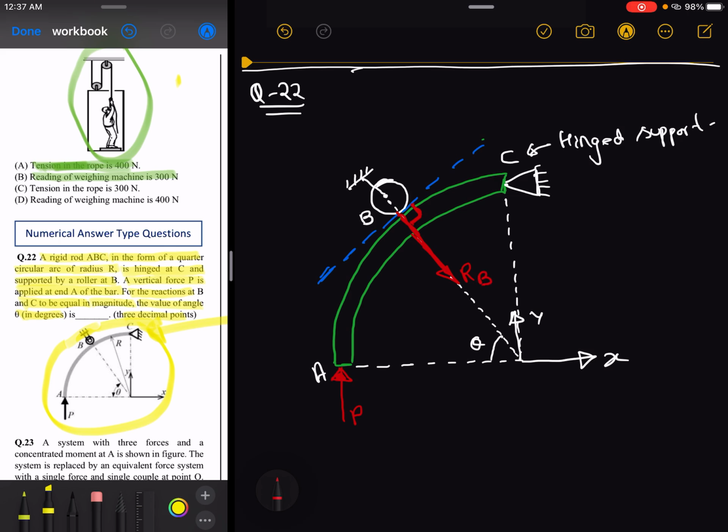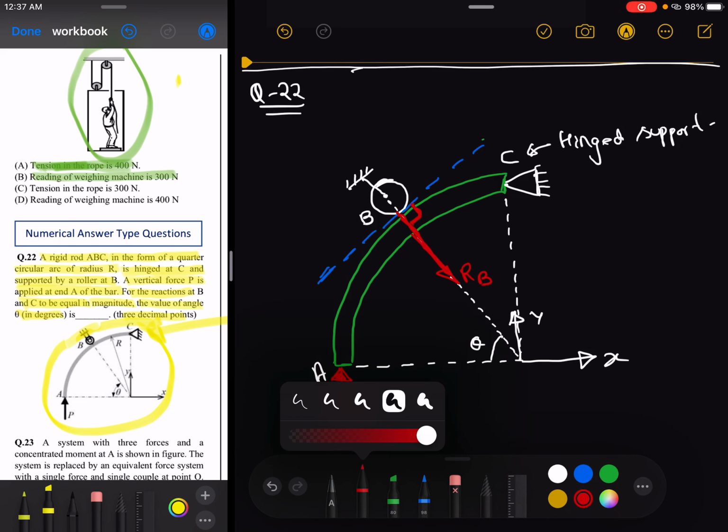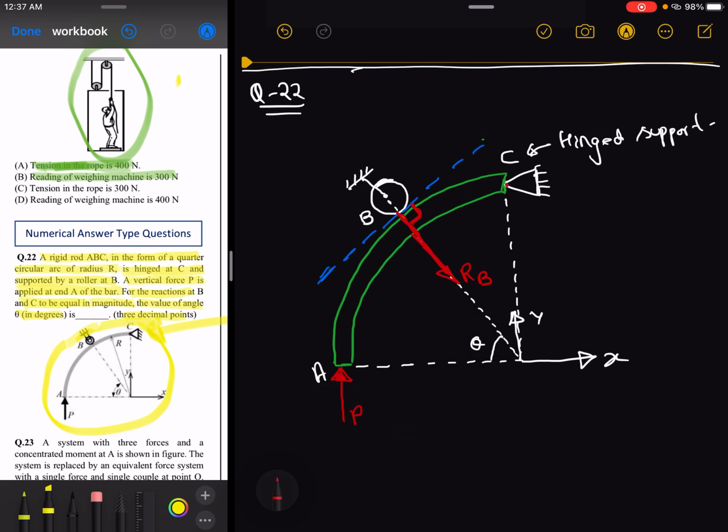Clear? And C is hinged support. So by hinged support, we mean that it will not permit the displacement of this bar at point C in x and y direction, but you can rotate this bar about the z axis in xy plane. This is the meaning of hinged support.